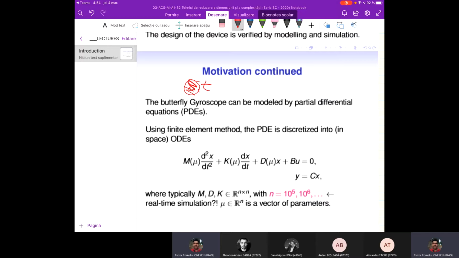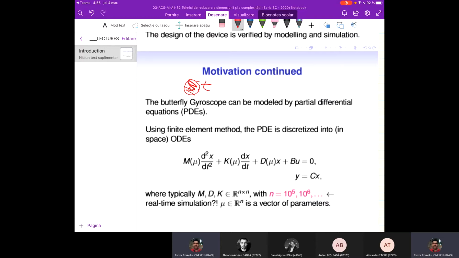So if your grid is too fine and you have a huge number of points, then this results in a huge number of ordinary differential equations. So it's still complicated. If you have a coarser grid, of course, then you get a lower number of differential equations.